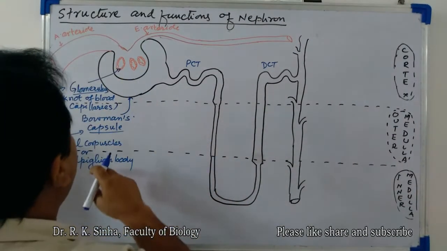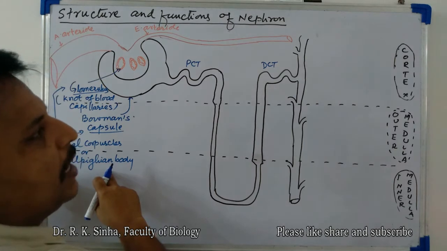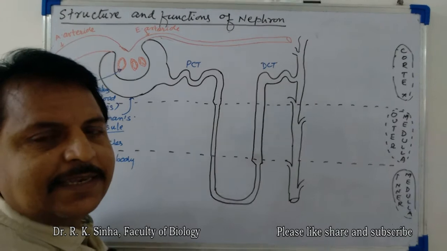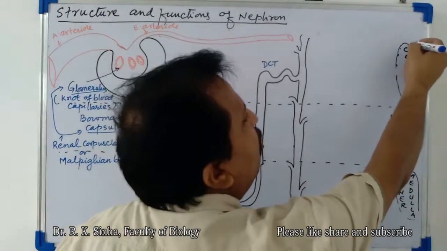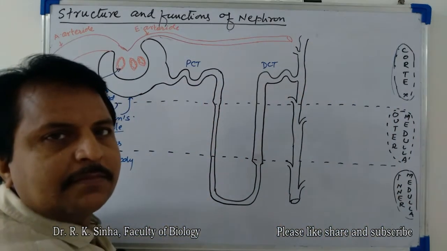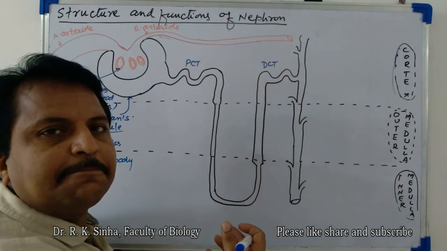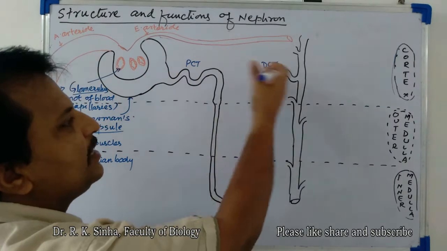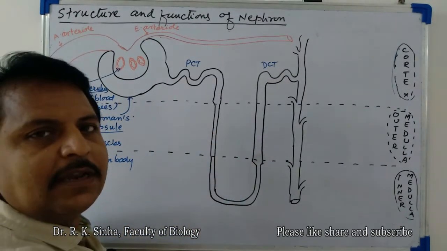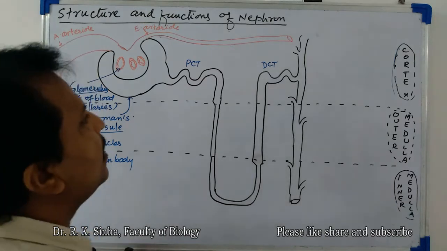This renal corpuscle or Malpighian body, PCT and DCT, all these structures lie in the cortex of the kidney. This is the cortical part of the kidney. So all these 3 structures lie in the cortical region of the kidney.